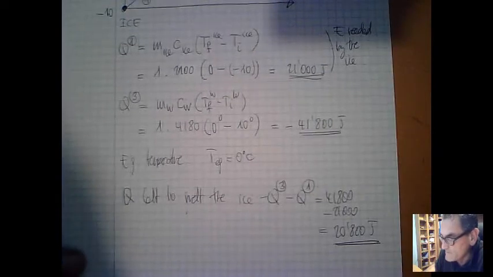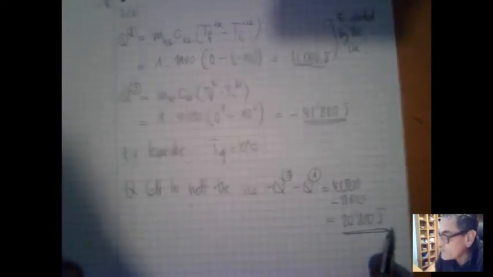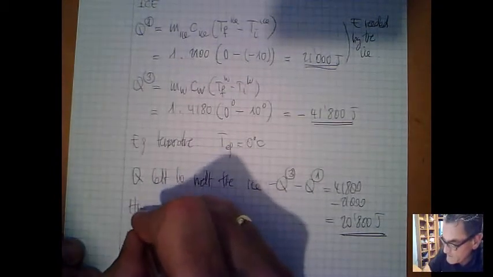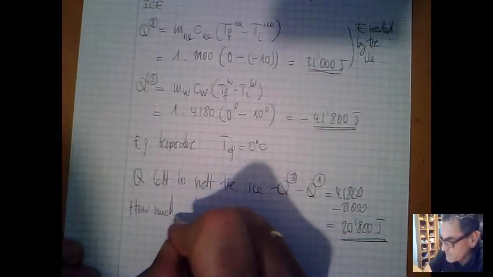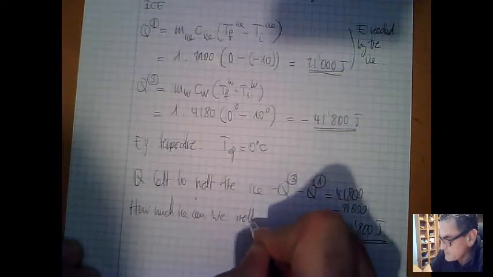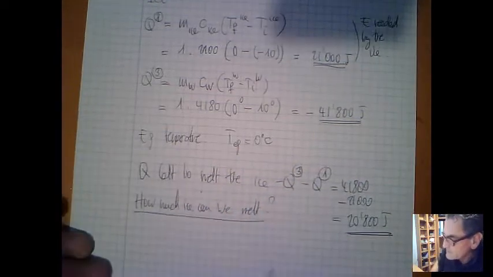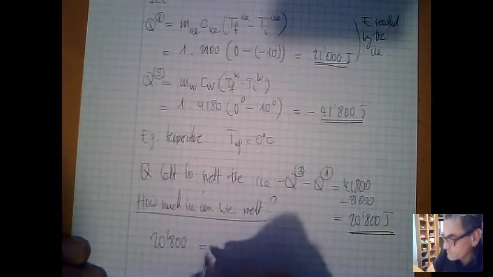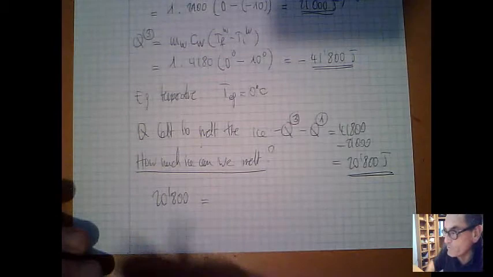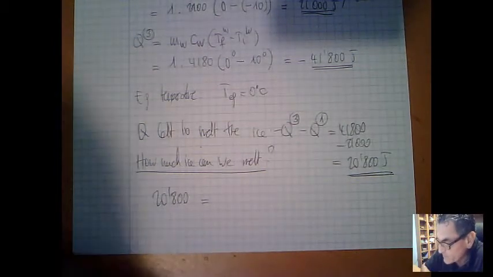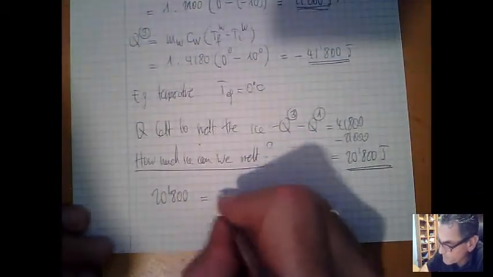And so now, how much ice can we melt? Well, let's see. We have this 20,800 joules, which are left over from the water cooling down. This is our leftover.